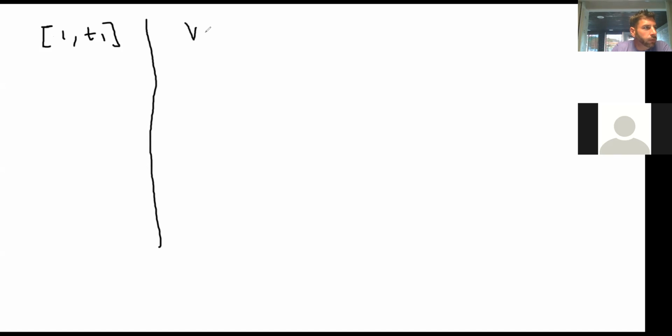And then we'll put the average velocity in this column. The first one we want to do is 1 comma 3.